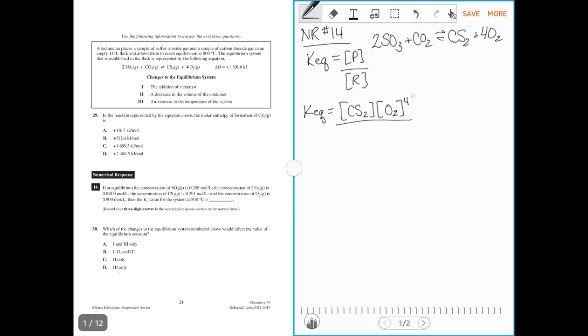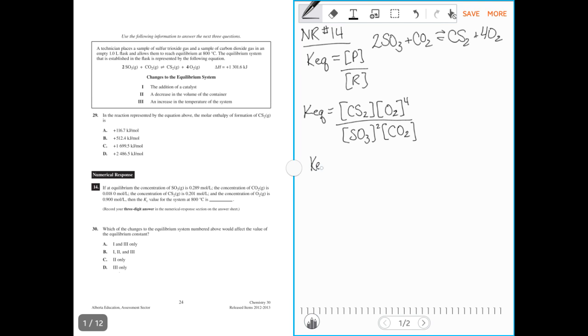So I have to ensure I have my oxygen to the exponent of 4, and same thing goes for my sulfur trioxide. I have 2 moles of that, so I have to include my 2, and my carbon dioxide. Now that I have this written out, I like to write this out first so that I don't lose track of any exponents and I don't mix up products and reactants. This way it gives me a great visual for my next step.